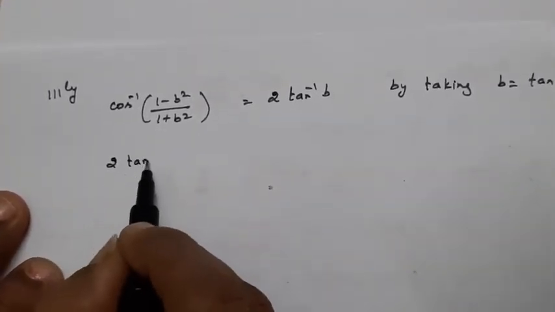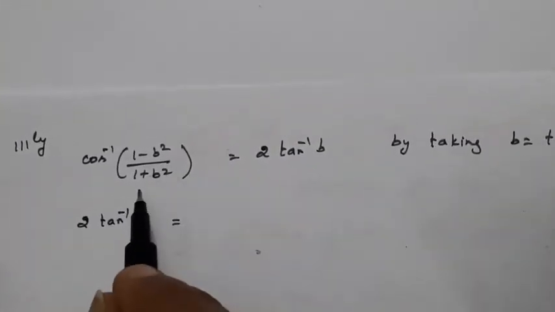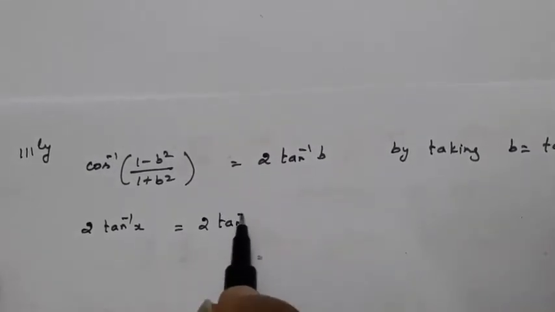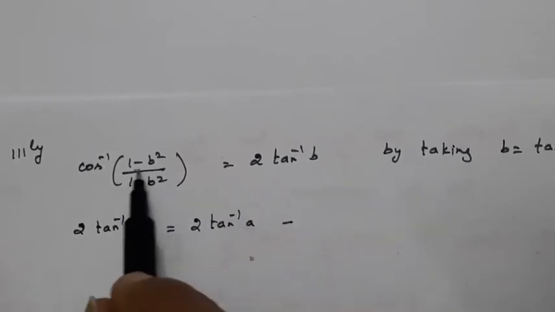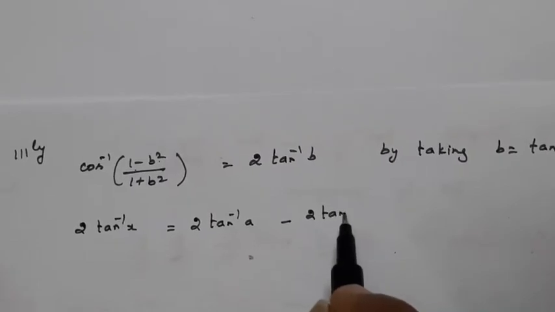What is the given equation? 2 tan inverse of x is equal to cos inverse of (1 minus a squared) by (1 plus a squared), that is nothing but 2 tan inverse of a, minus cos inverse of (1 minus b squared) by (1 plus b squared), that is nothing but 2 tan inverse of b.